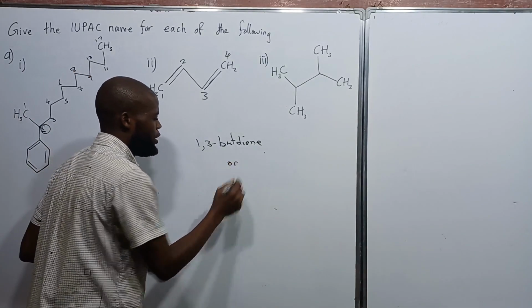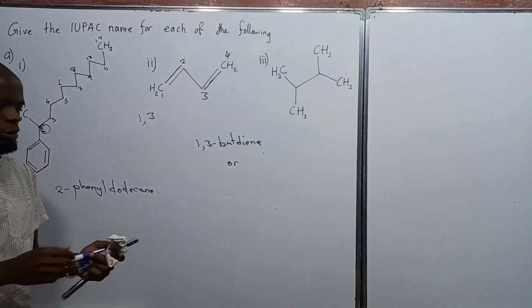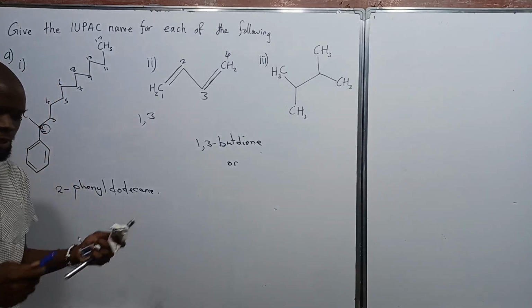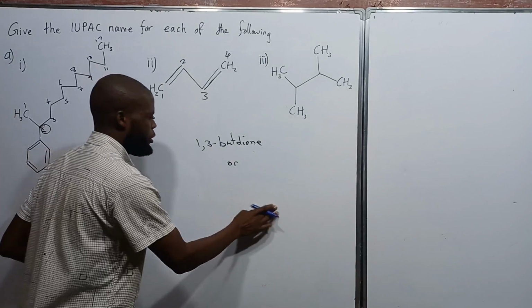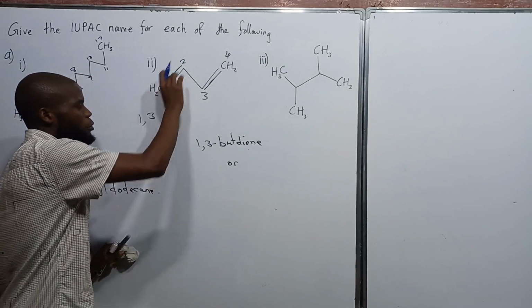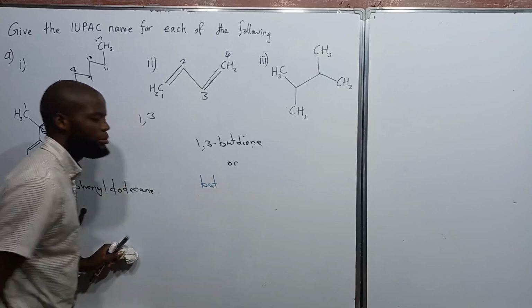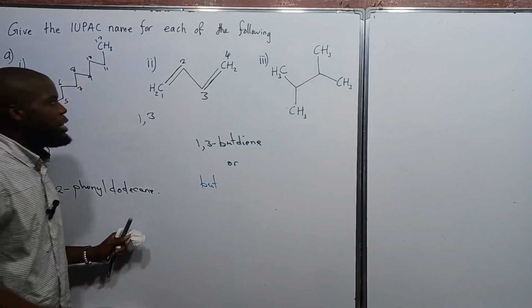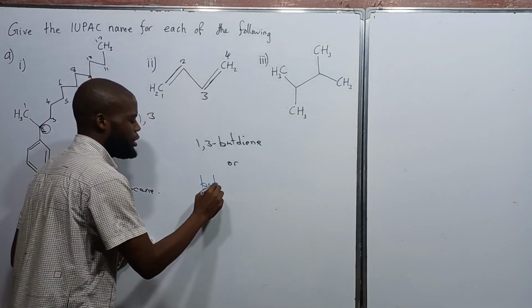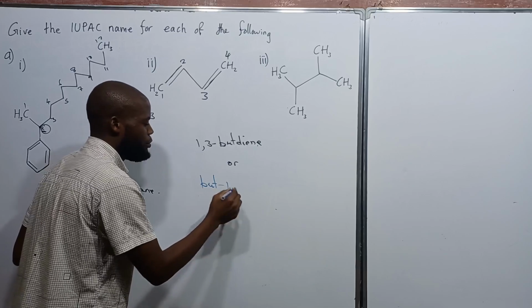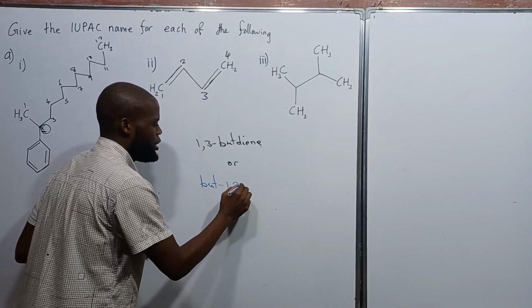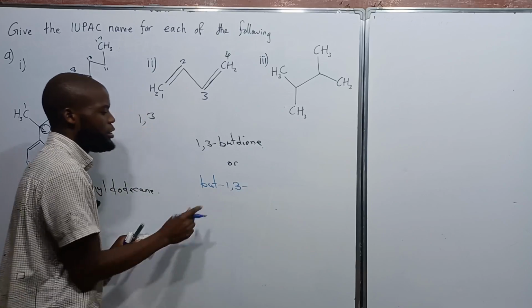Or alternatively, you can name this compound in this other way. We've identified that the parent chain has 4 carbons, so it becomes a but. And then at carbon number 1, there is a double bond. At carbon number 3, there is also a double bond.